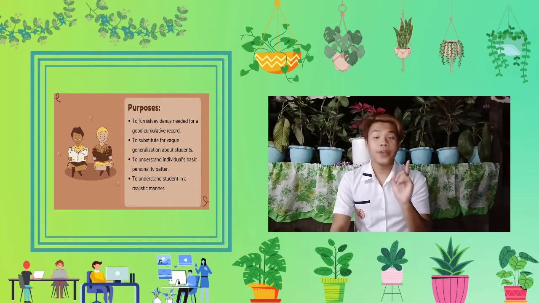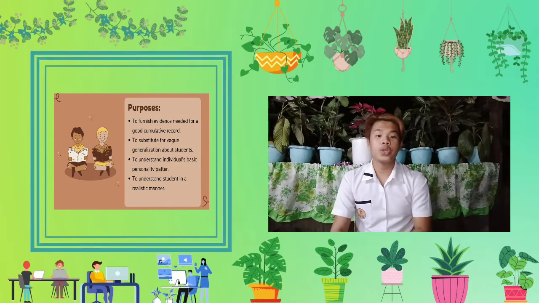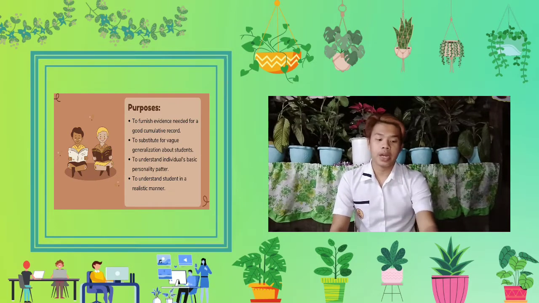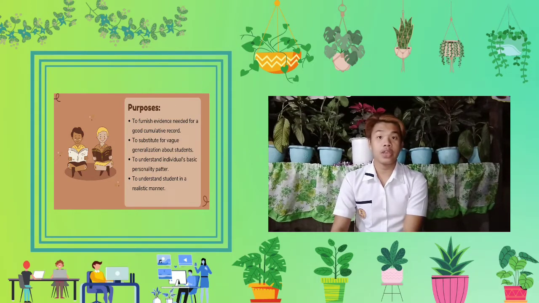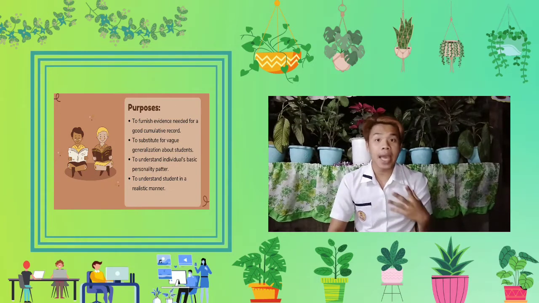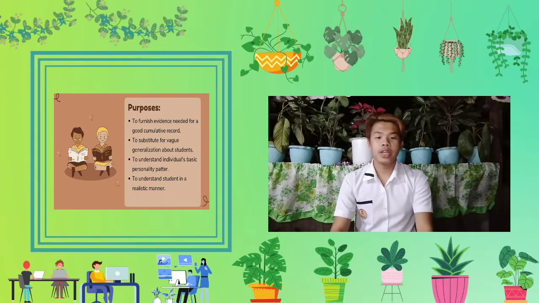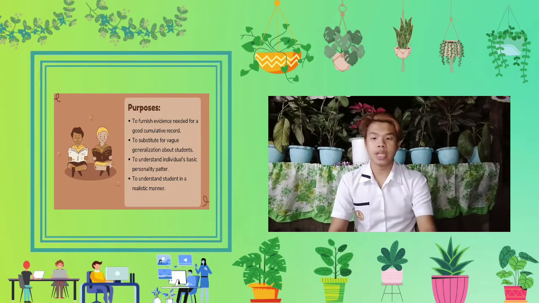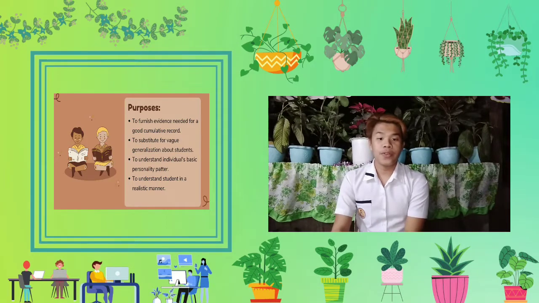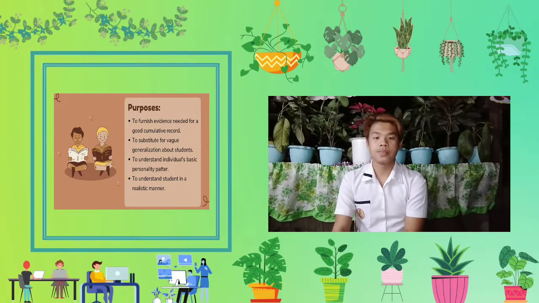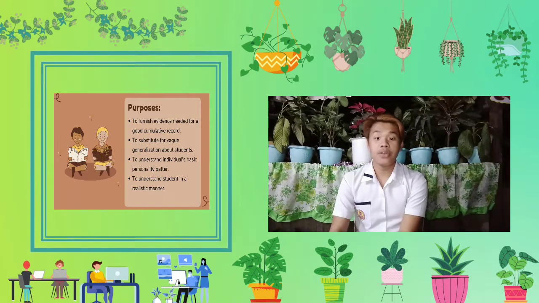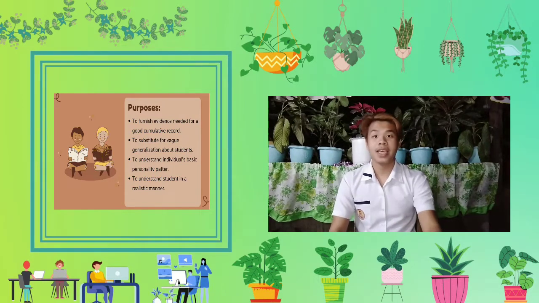First is to furnish evidence needed for a good communicative record. So by collecting anecdotal records on a regular basis, you are creating a record of a child's learning and progress over time. Second one is to substitute for vague generalization about students. So it can be maintained in the areas of behavior that cannot be evaluated.